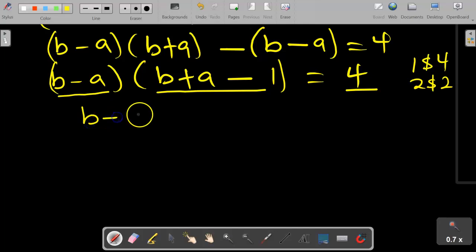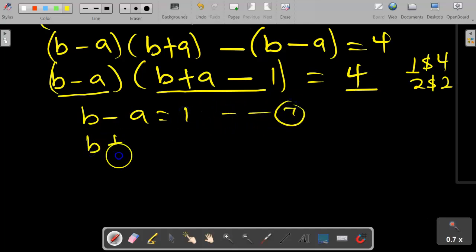Now, we're going to be checking these factors and trying to see if they fit perfectly into the equation. So b minus a, taking 1, then b plus a, taking 4. When you add two terms, the answer must be greater than the difference. That's why I chose 1 as the difference and 4 as the sum.